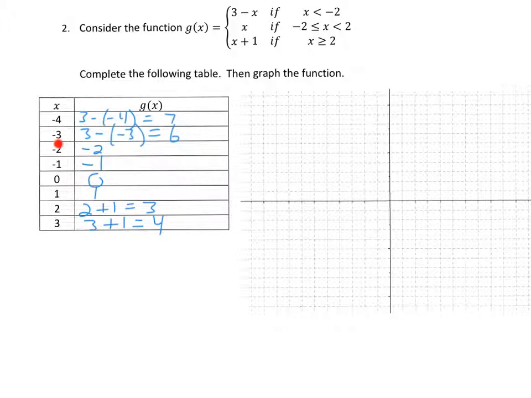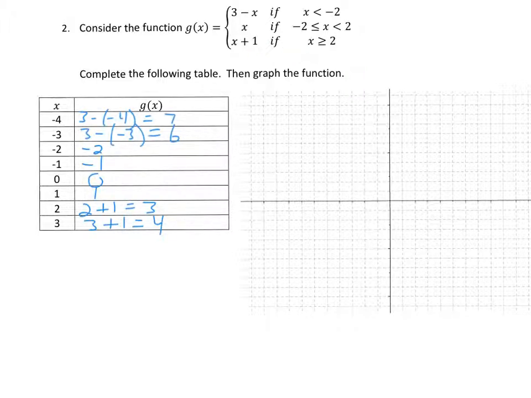When x is negative 3, you still use the top equation. When x becomes -2, you switch over to using the middle equation because -2 falls in this middle set. And the same thing with 0 and 1. And then when x is 2 and 3, they fall into the third case, so you use the third equation.